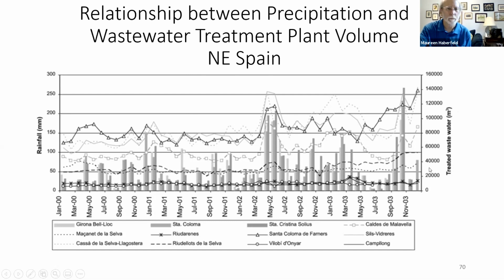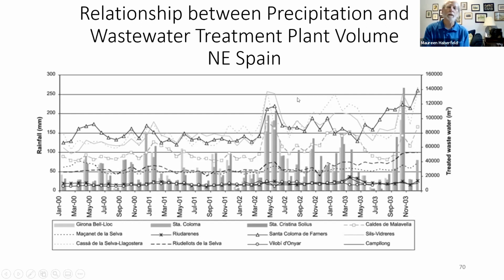They have about a dozen different wastewater plant volumes plotted here. If you look behind all these lines, you've got a bar graph. That's the rainfall. When the rainfall goes up, as it did in 2000, you see a spike in the volumes of the wastewater plants. When the rainfall gets higher, in May of 2002, you see a bigger spike in the volume being treated at the wastewater plant. So there's that relationship, and that's pretty general everywhere.